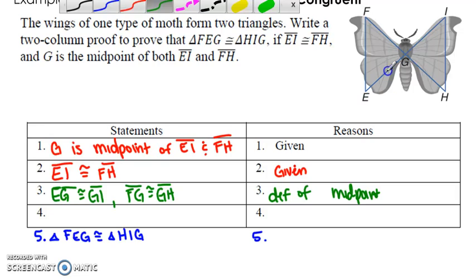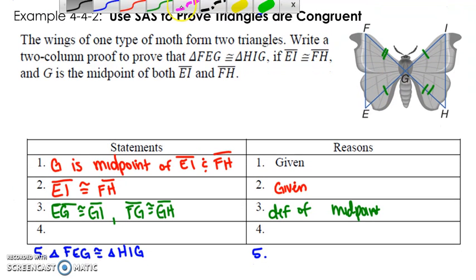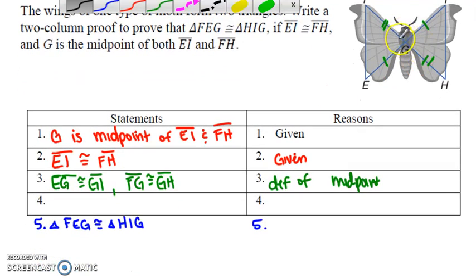So we have this is congruent to this, and this is congruent to this. All right, so now we need either another side or another angle, but it says use side, angle, side, so that means we need to use an angle.